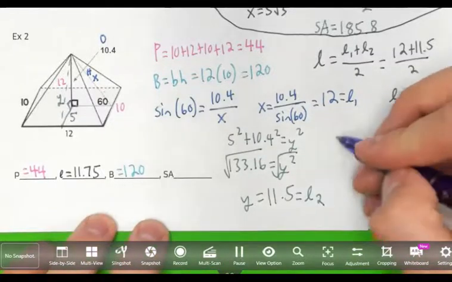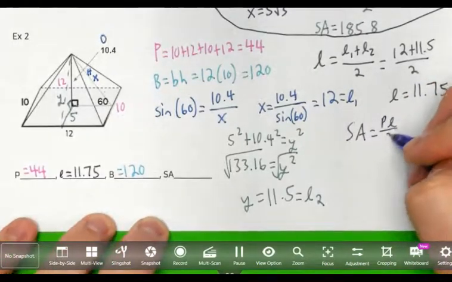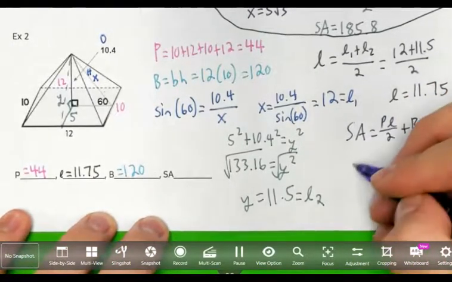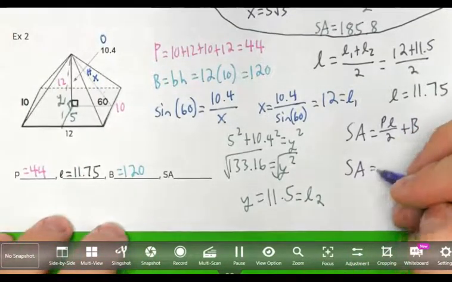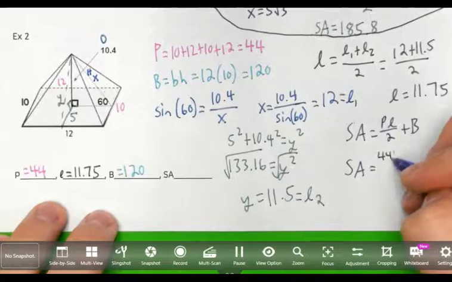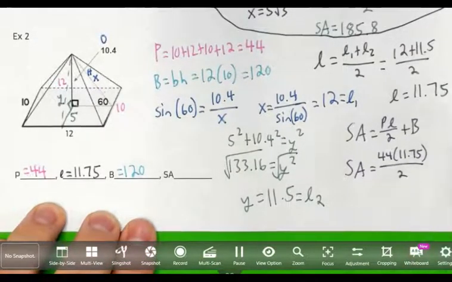I'm going to go ahead and copy the formula for surface area over here, PL divided by 2 plus B. And then let's go ahead and plug in 44 times 11.75 divided by 2 plus 120.